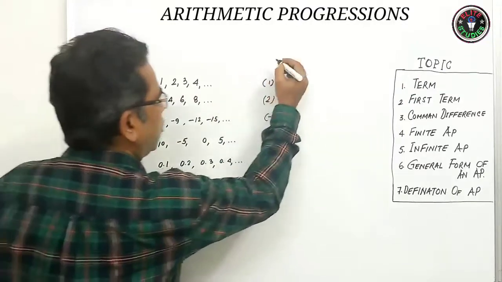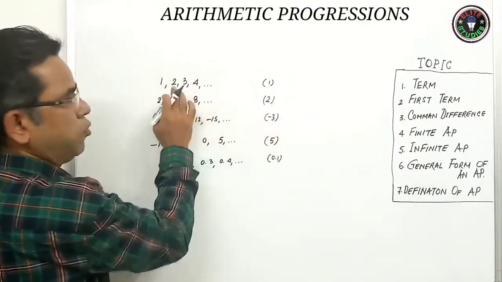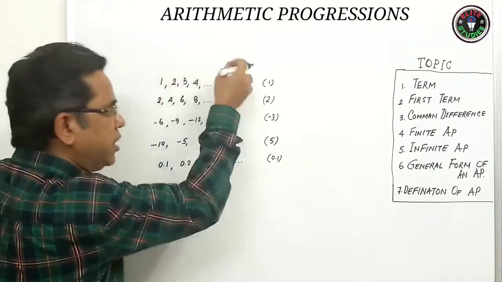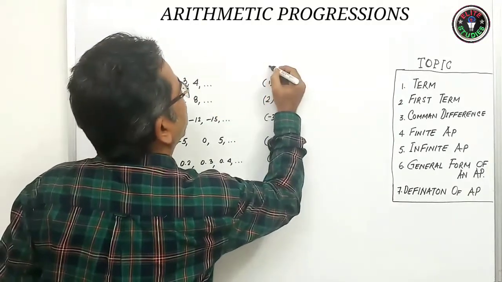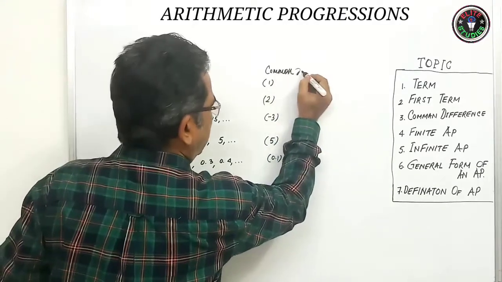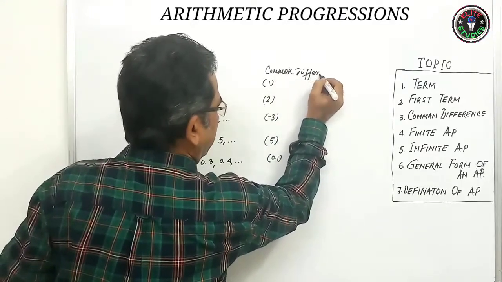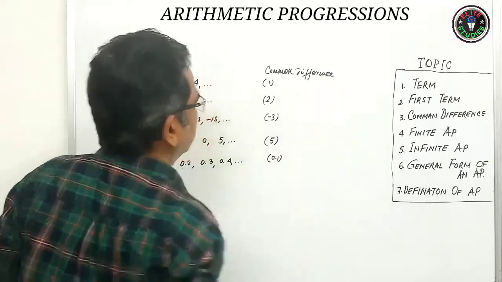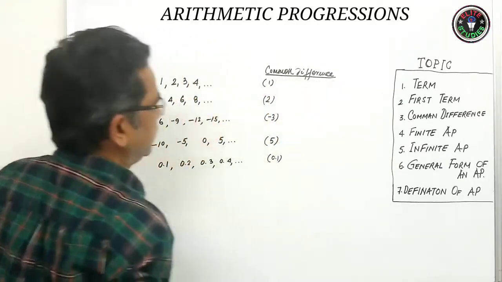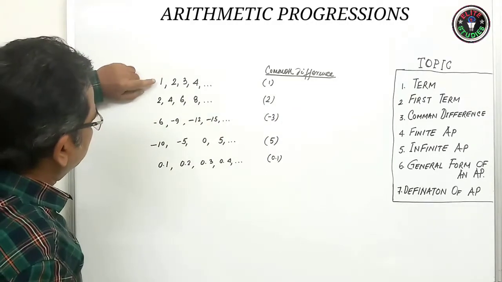These fixed numbers, what we add to a given number to get the succeeding one, are called the common difference. And what is this one?